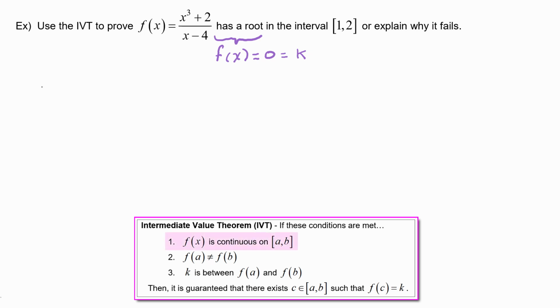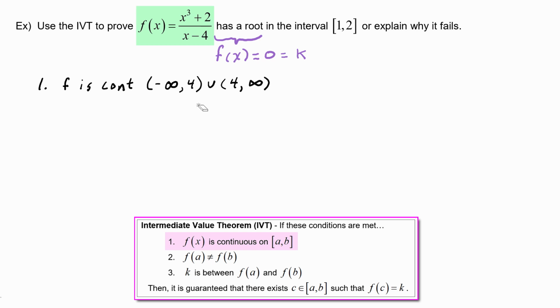Now, step 1 says we first have to find out if we have a function that is continuous on our closed interval from 1 to 2. F of x is a rational function, and we need to exclude any x values that would make the denominator 0. So f is continuous from negative infinity to 4 union 4 to infinity.